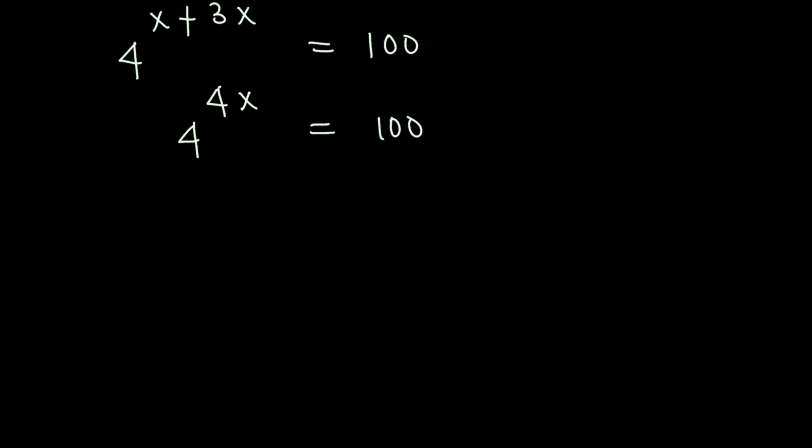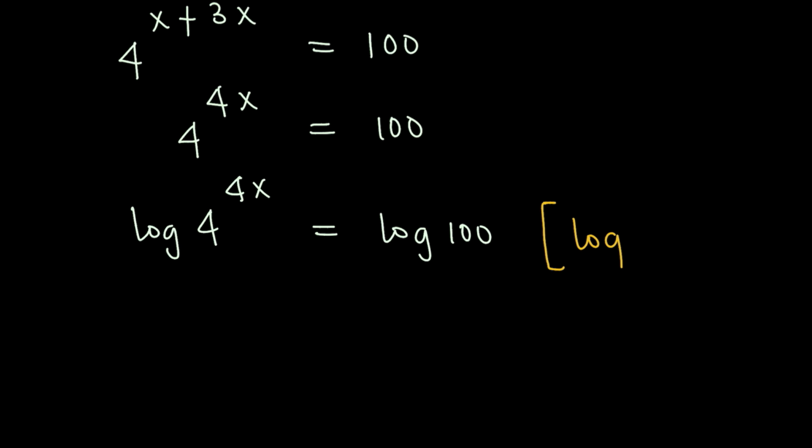Now let us take the logarithm of both sides. This is log 4 raised to power 4x is equal to log 100. We're going to apply a law of logarithm. Log p raised to power m is the same thing as m log p.